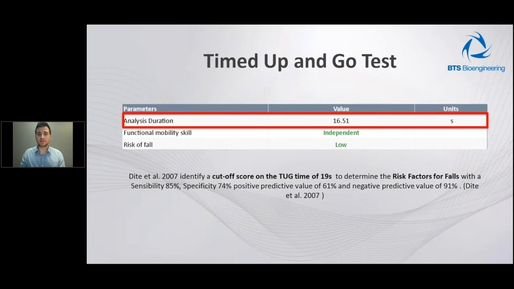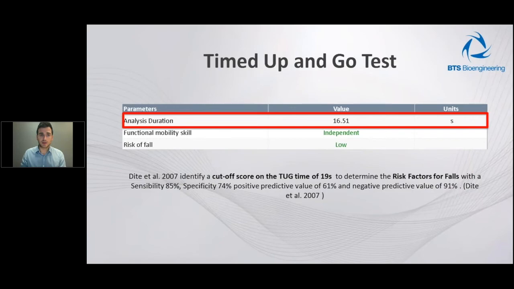The total analysis duration obtained is 16.51 seconds. So, according to the same author as before, who identified the cutoff score for this pathology at 19 seconds, the patient has a low risk.